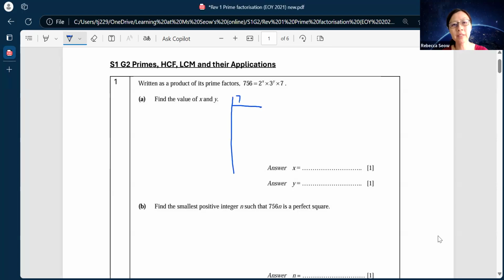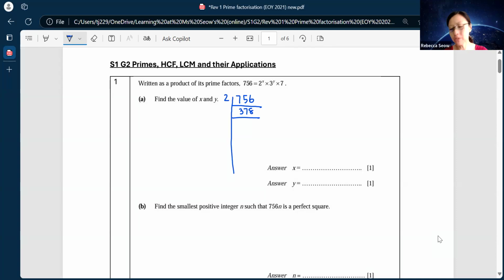So in our working column, let's do the prime factorization of 756. Just a recap, 756 will have to be divided by its smallest possible prime factor. Noting that it is an even number, we will start with the smallest possible prime factor, which is 2. So we will get 378.